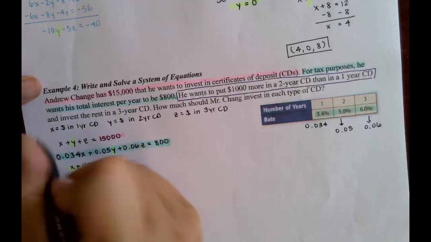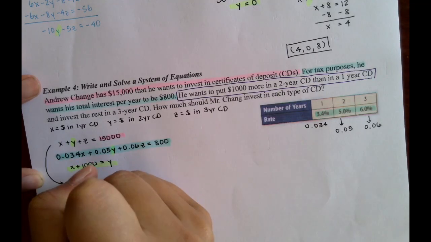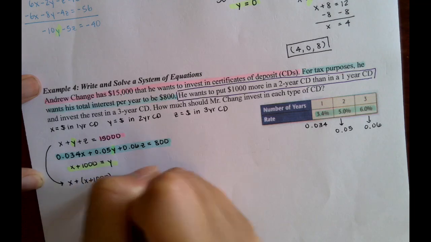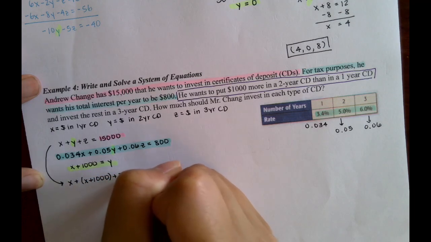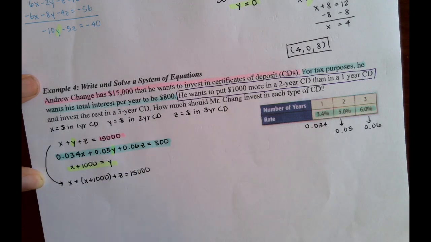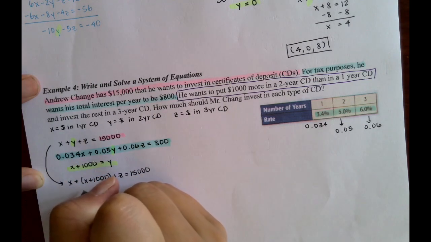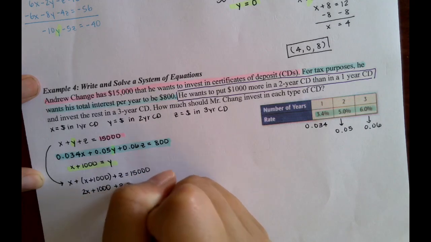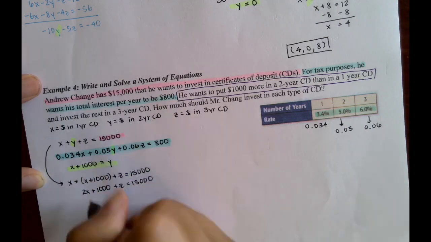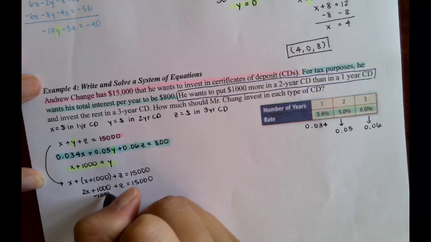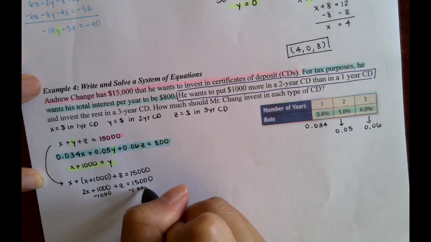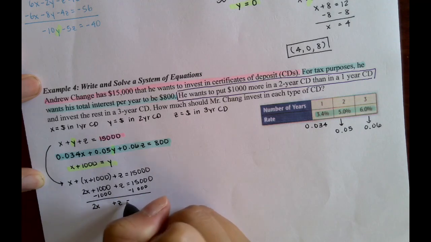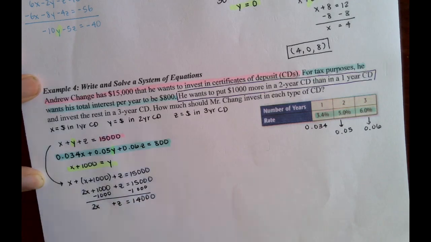This one now becomes x plus x plus 1,000 plus z equals 15,000, which when simplified will be 2x plus 1,000 plus z equals 15,000. And then if I subtract this 1,000 over, it would be 2x plus z equals 14,000.